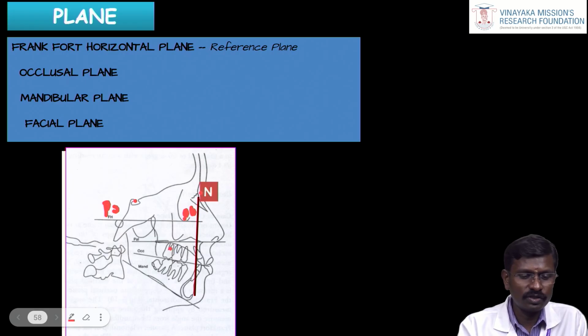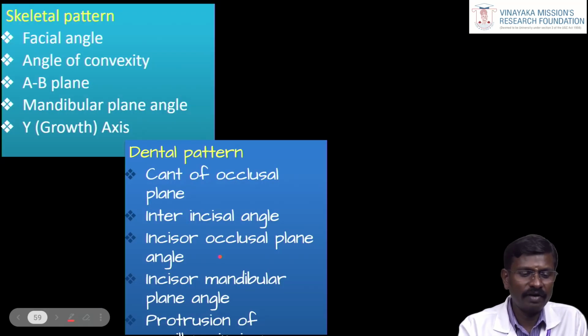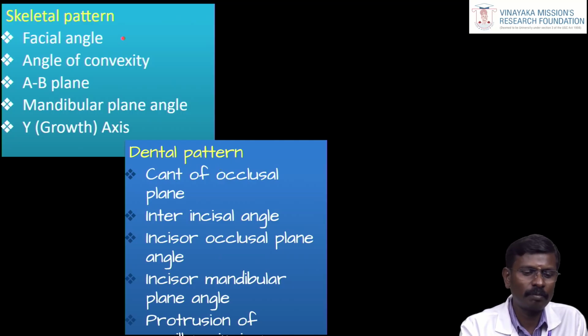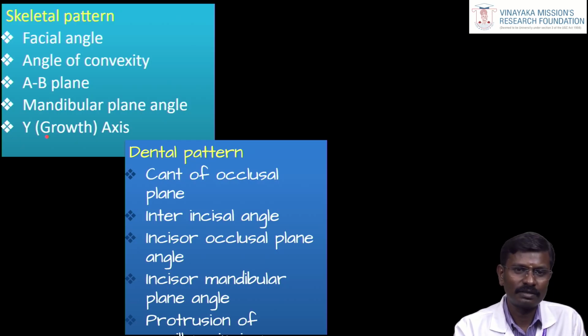Other planes he used are the facial plane, the line joining N and Pogonion, the mandibular plane and the occlusal plane. Here he divided into two parameters: one is the skeletal parameter and the other is the dental parameter. In the skeletal parameter, he sees the angle of the face and convexity, how the AB plane is, the mandibular plane angle, and how the growth of the mandible is. This is called the Y-axis, otherwise called the growth axis.